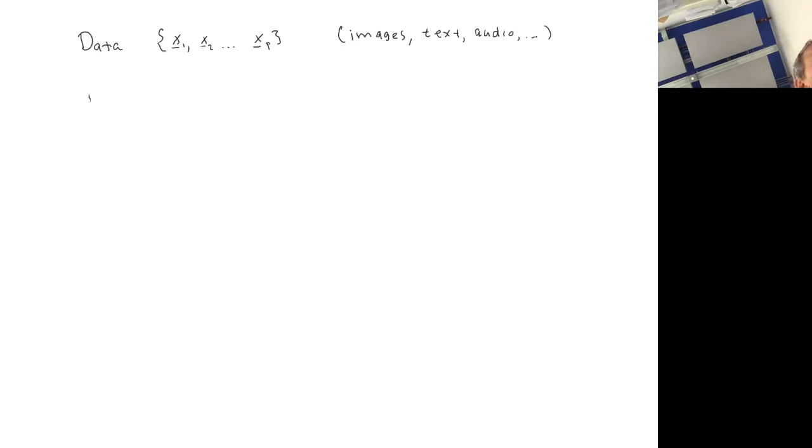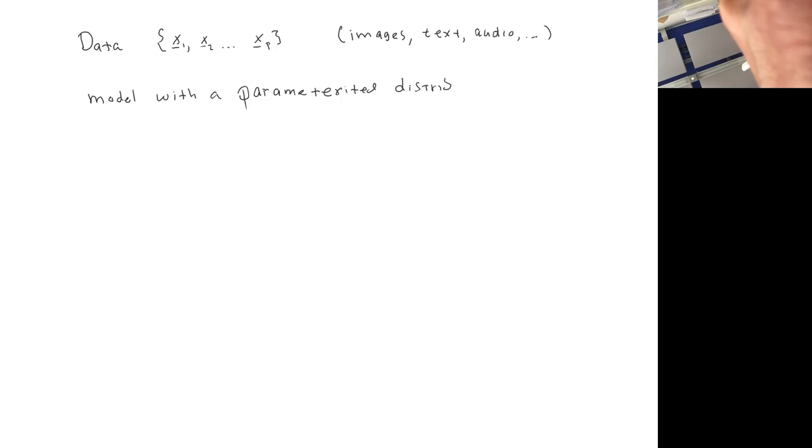So model them with a parameterized distribution. Call it p theta of x. These theta are a bunch of parameters.